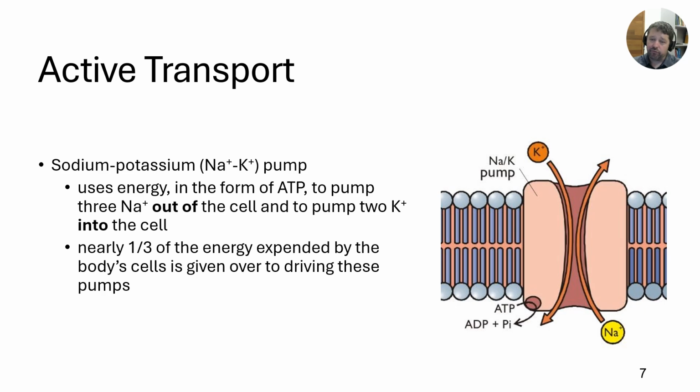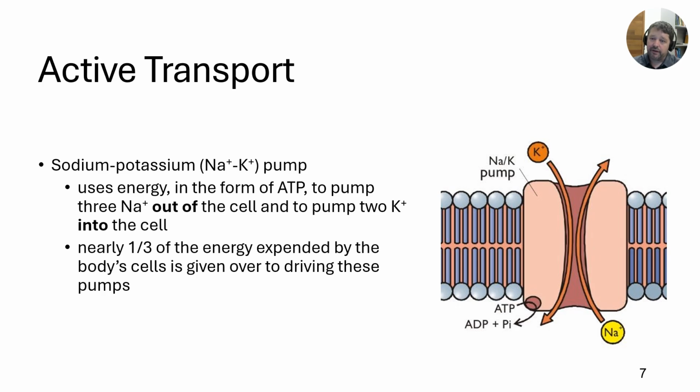Okay, so now you have adenosine diphosphate, 2 phosphates, and an inorganic phosphate group that's left after this process. But that energy allows for this channel to push sodium from inside the cell out of the cell. Okay, so this is inside. Sodium's pushed out of the cell, and potassium is pushed into the cell.